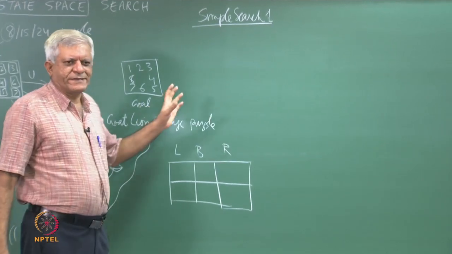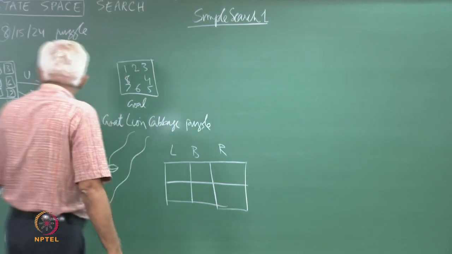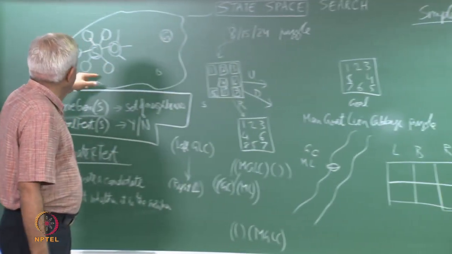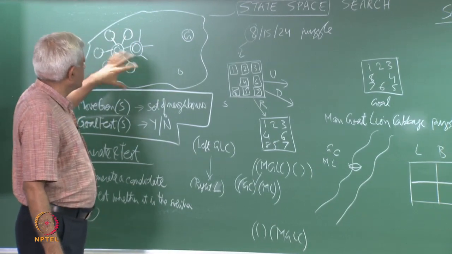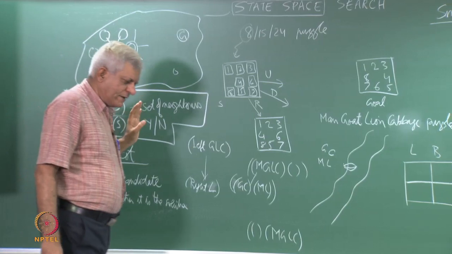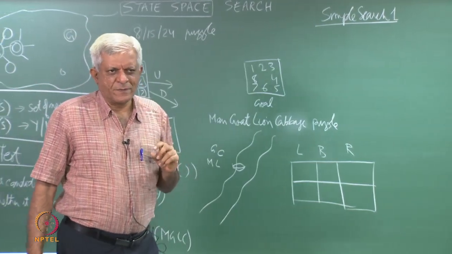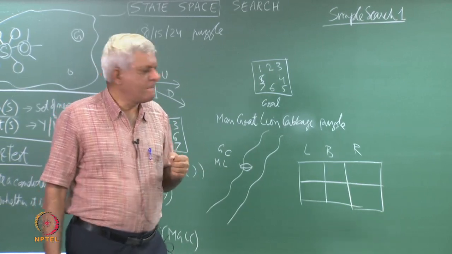So, let us work with sets for this moment. When we generate these successors or neighbors, we have to store them somewhere, and we will store them in a set which traditionally has been called the open list or open set essentially.